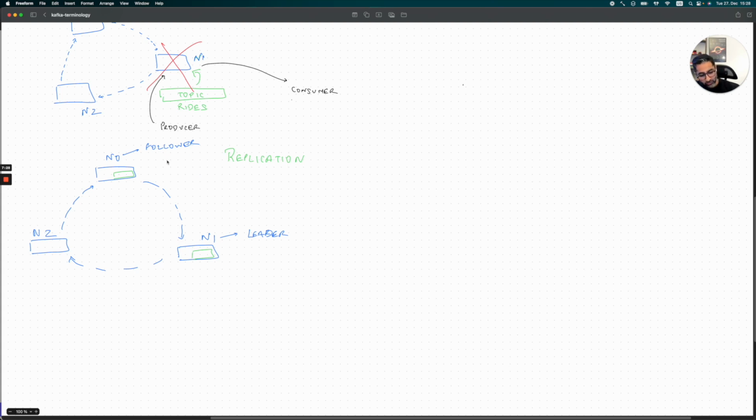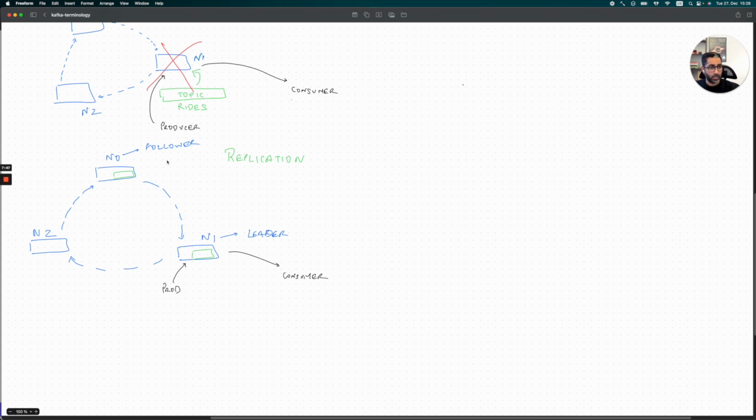And any communication which is happening, so any producer will talk to node 1. Basically, it will talk to the cluster, but then in the end, it will talk to node 1. And any consumer will basically also talk to node 1 for the topic rides.